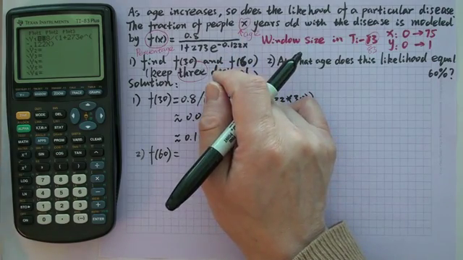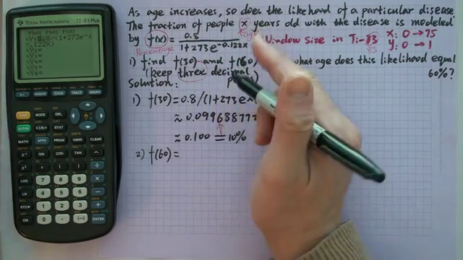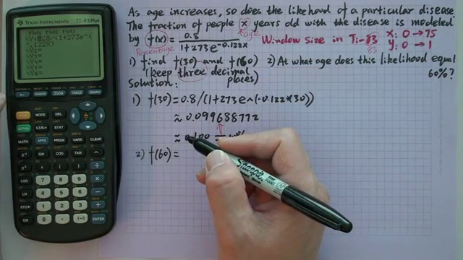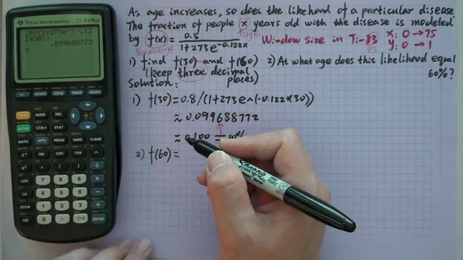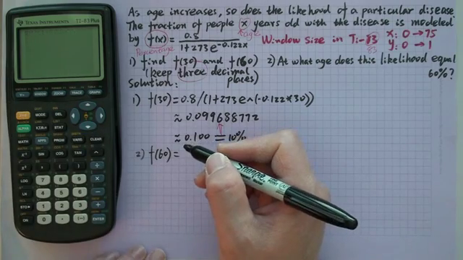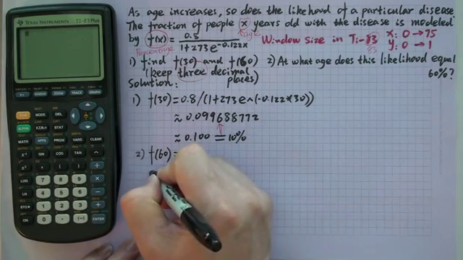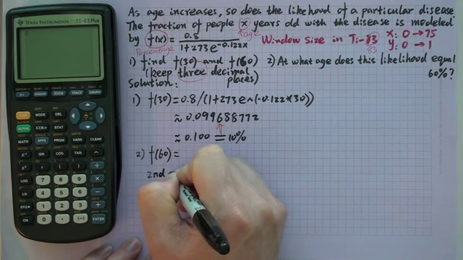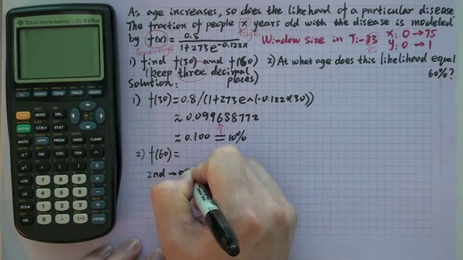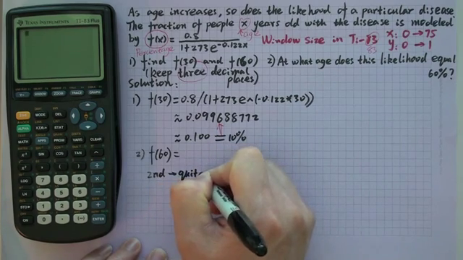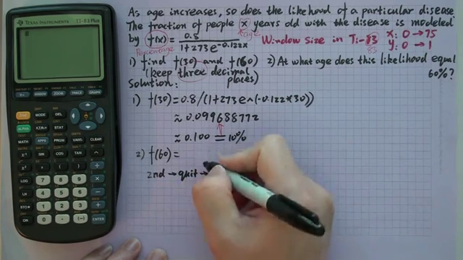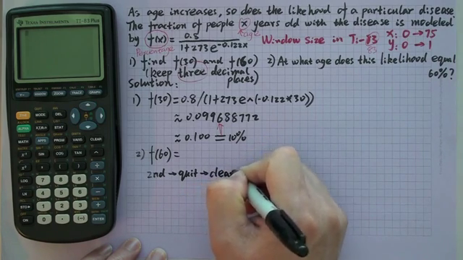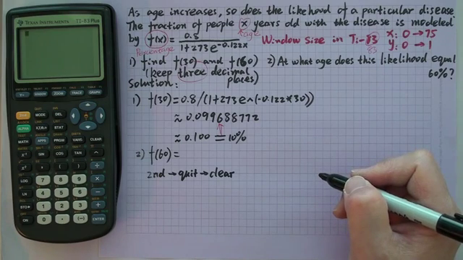So how are we going to find out the value? You may do second quit clear. So let me write down here, second quit, and then clear.